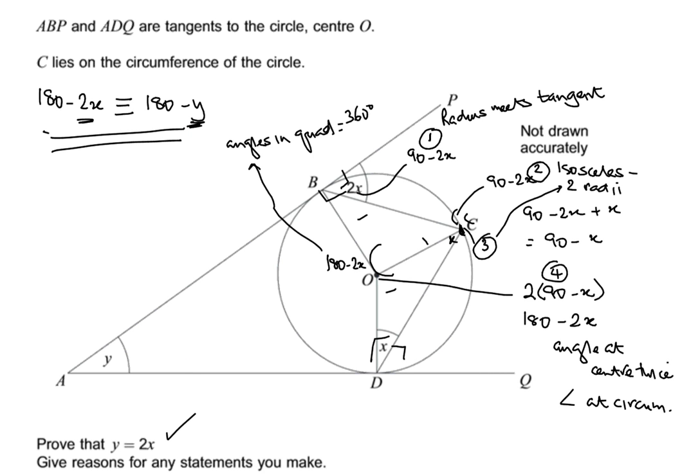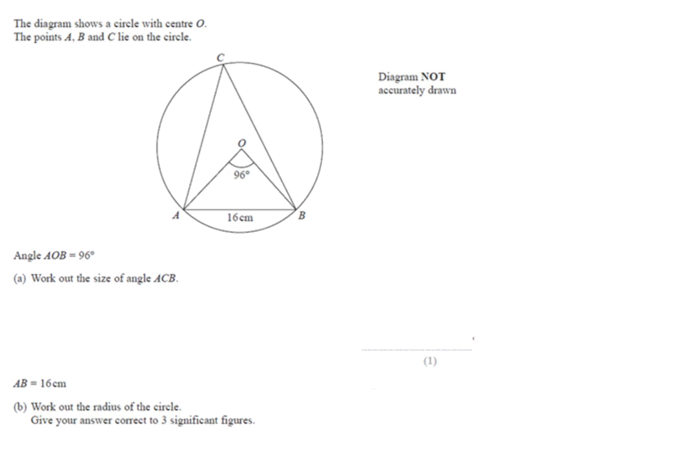Okay, last question. The diagram shows a circle with center O. As I said, the minute you have that center, you're always looking for radius meets tangent, diameter, angle at the center. So everything comes to mind. So here you can see it's angle at the center, so that angle there is 48.